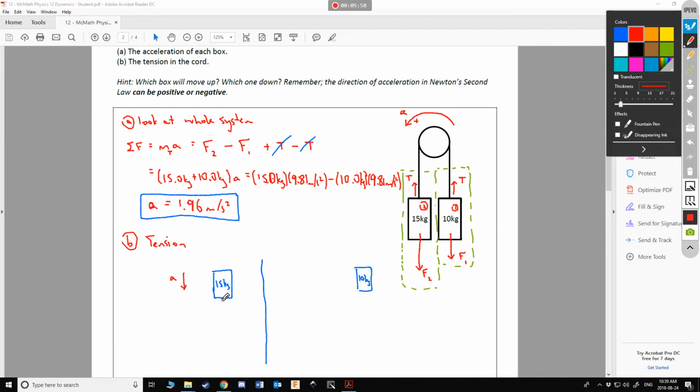So I have some F2 downwards, and we have some tension holding it up. If I was looking at the 10 kilogram block, the acceleration is actually upwards. As the 15 kilogram block falls, the 10 kilogram block is going to rise. So it's going to have some tension force upwards, and the force of gravity downwards. F1 we call that.